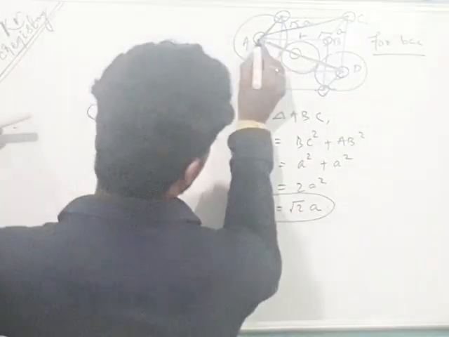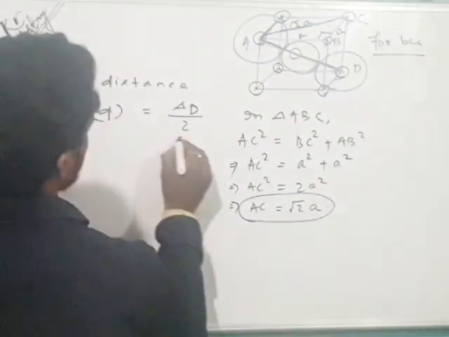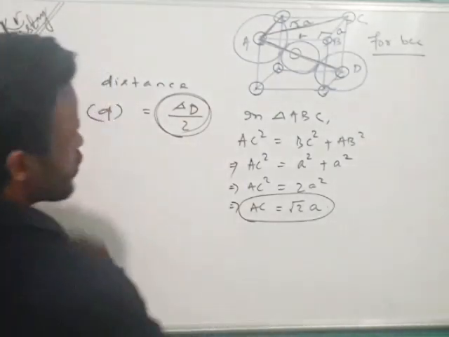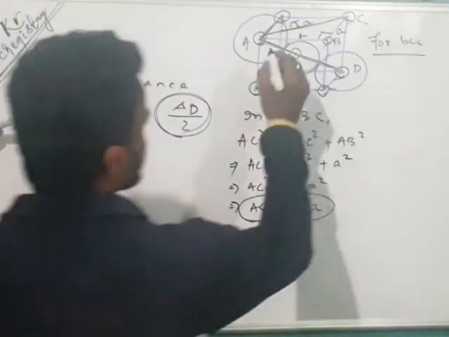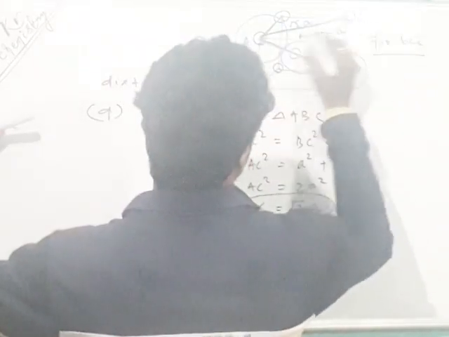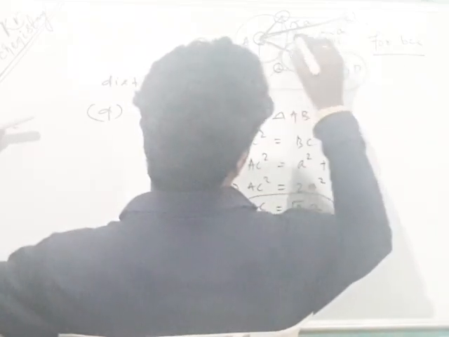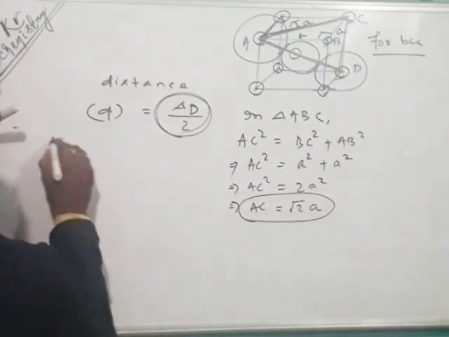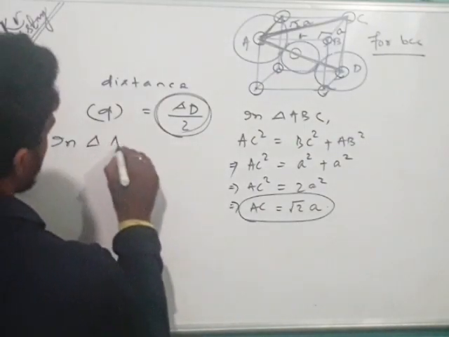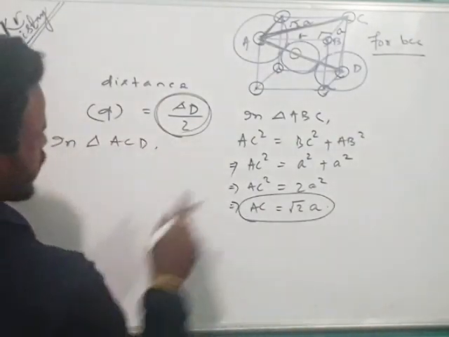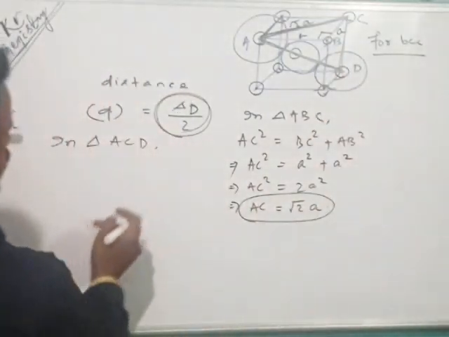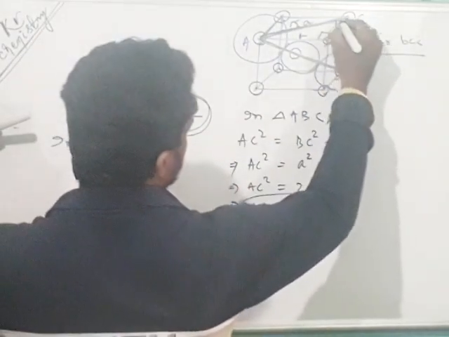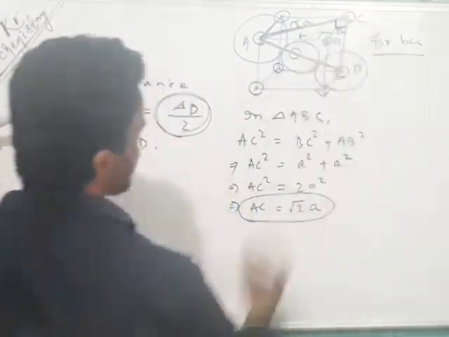Next, we have to calculate AD, so that we find the distance between the atoms. Take this triangle ACD. In triangle ACD, this angle is 90 degrees.